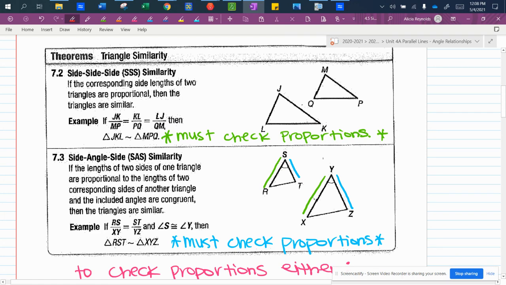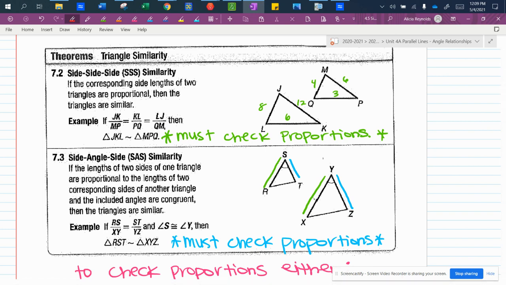One of our other theorems for triangle similarity is side, side, side similarity. So if all 3 corresponding sides of 2 triangles are proportional, then they are similar. So if I had something like 6, 8, and 12, and this one was 3, 4, and 6, those sides are proportional, correct?